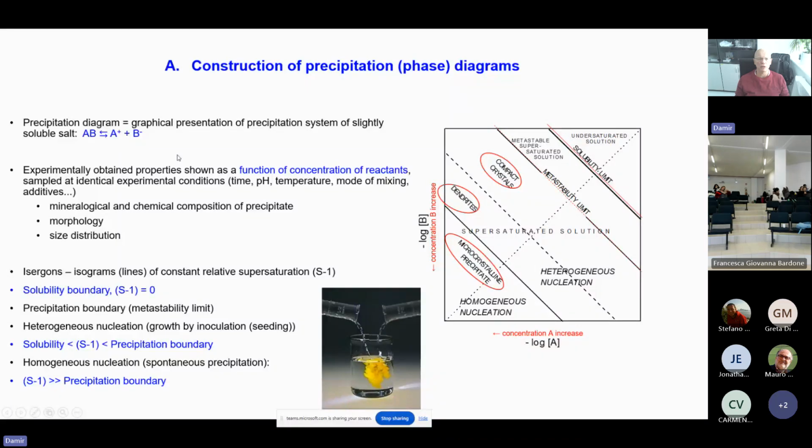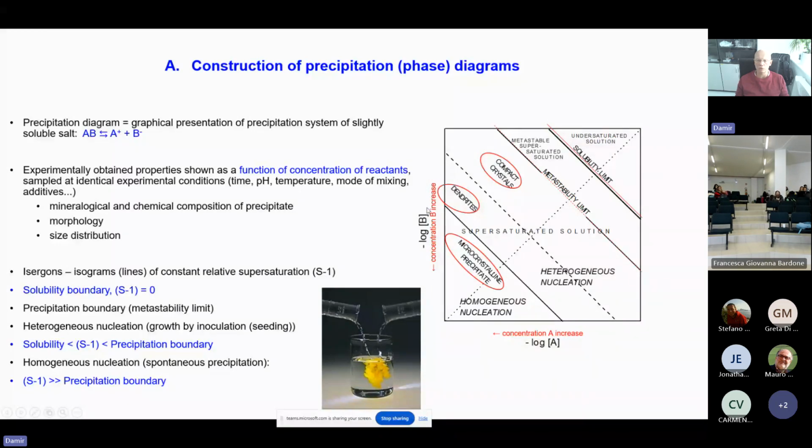In such screening, you change the concentration of reactants, so you mix two solutions and see what happens, what appears, and what kind of properties you can emphasize. If you do it in a systematic way, you increase the concentration of one component or the concentration of another component.